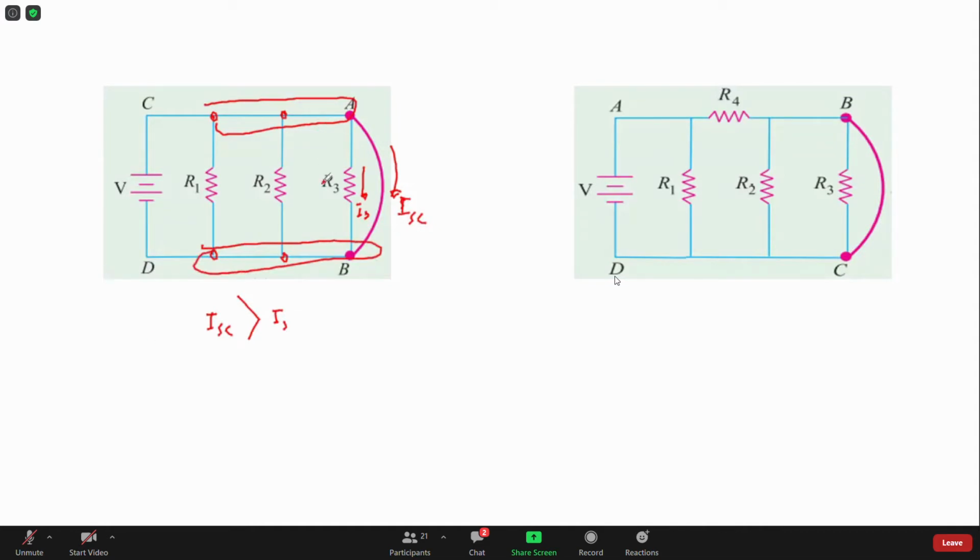So pwede na to lang na ma-combine in such a way nga ang resistors R1, R2, R3 are connected in parallel across a wire with approximately zero resistance, so that the total resistance of the parallel combination is approximately equal to zero.